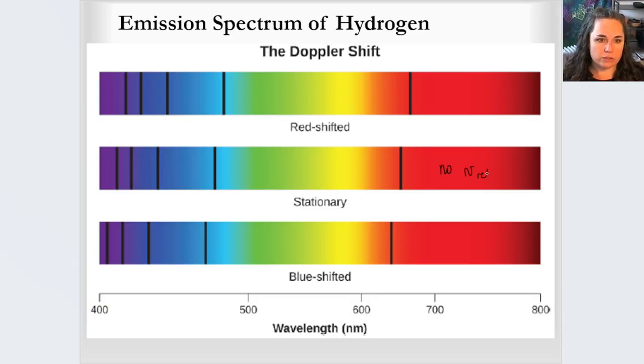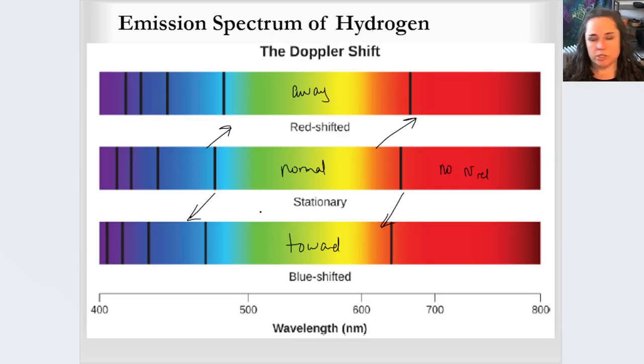No relative velocity here. That's what it normally looks like. For redshifted, remember when it's moving away, we can see that all of these wavelengths have been shifted in the redward direction. As opposed to when we were moving towards, notice that the wavelengths are moved in the blueward direction. So that's where the expressions redshifted and blue shifted come from.